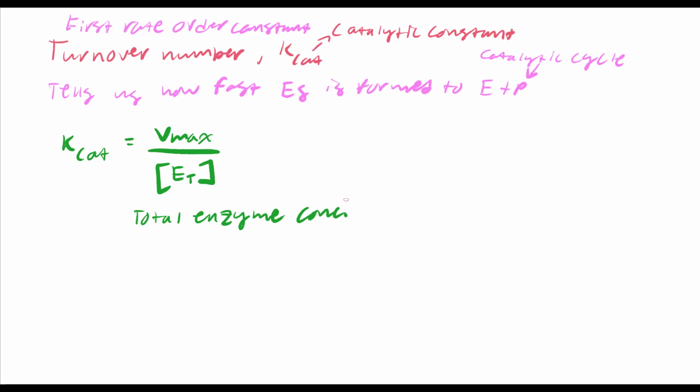Also, you know, if we divide, we can make another one. We can also divide kcat divided by what? Km, and we can find the catalytic efficiency. Okay, so this is the catalytic efficiency.